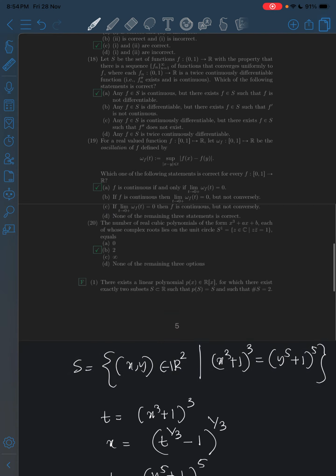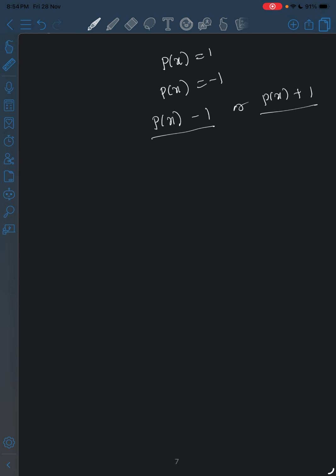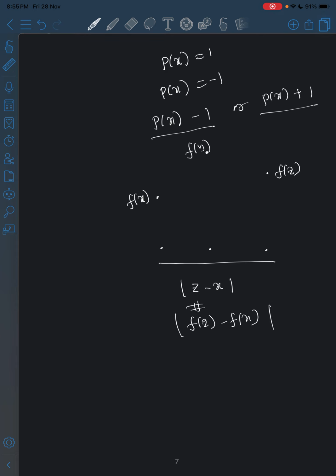See, what I am saying is that, say this is x, this is y, this is z, and this is f(x), this is f(y), this is something f(z). So is this thing possible or not? Not possible, right? Because in that case, if you take |z minus x|, this thing is not true, |f(z) minus f(x)| is not equal.